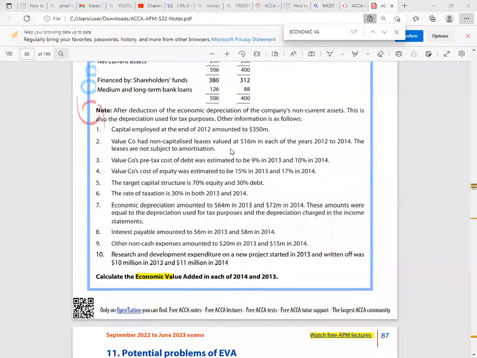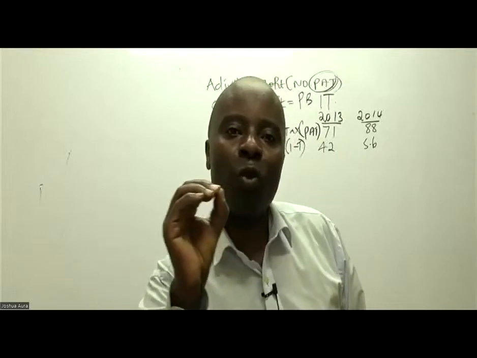So, ladies and gentlemen, what do you think we should do as regards these leases in the income statement? Nothing. If they were not capitalized, it means that they were not part of our capital.